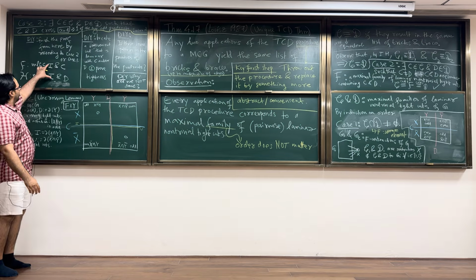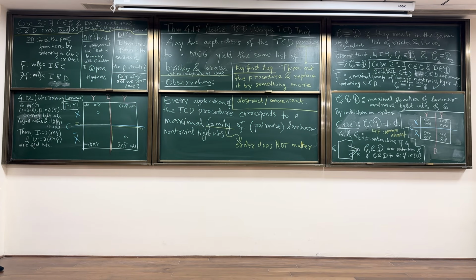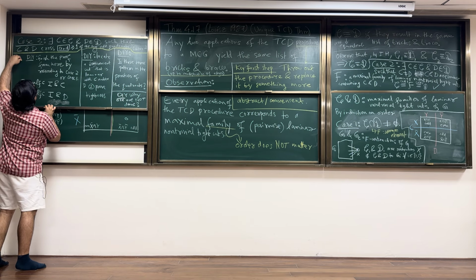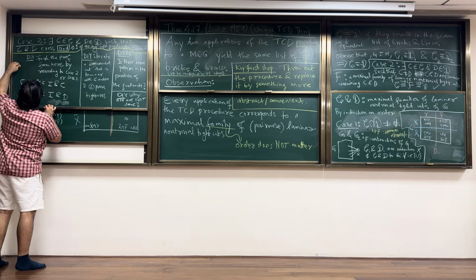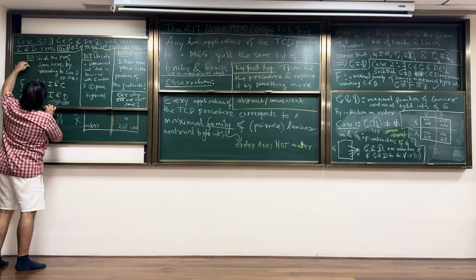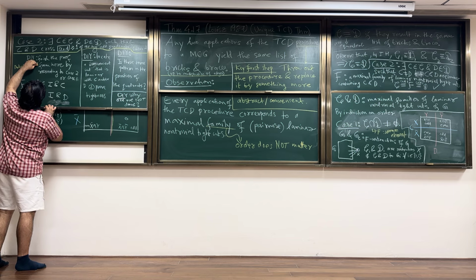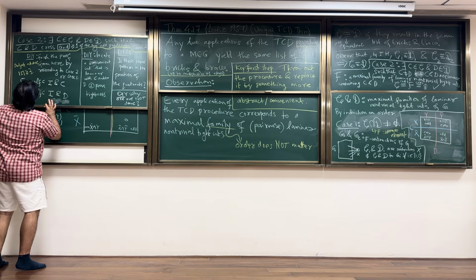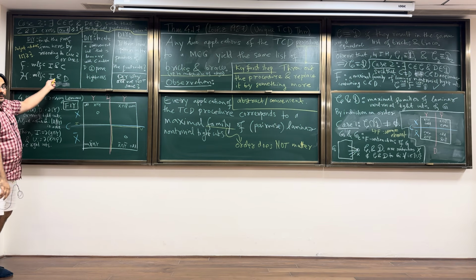So that is why it is better to use only I, assuming I is non-trivial. So let's adjust notation so that I is at least 3. And now the proof finishes.